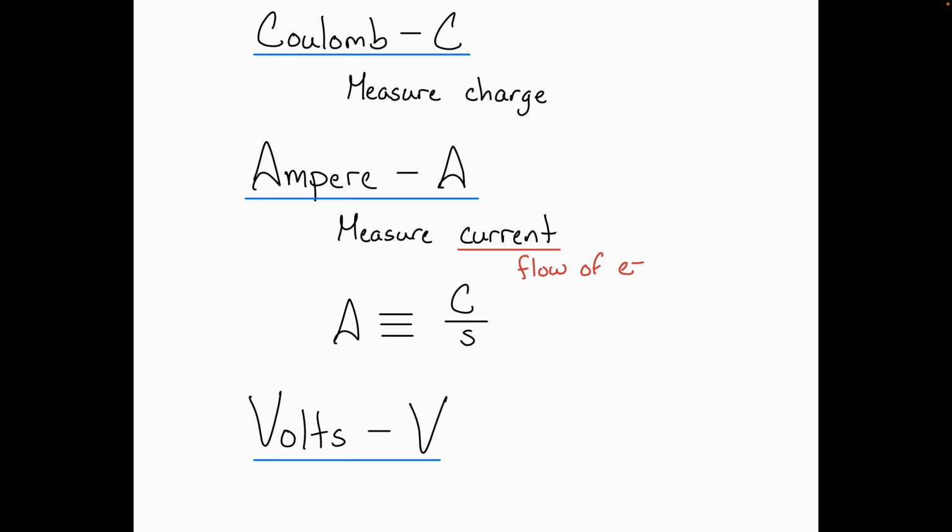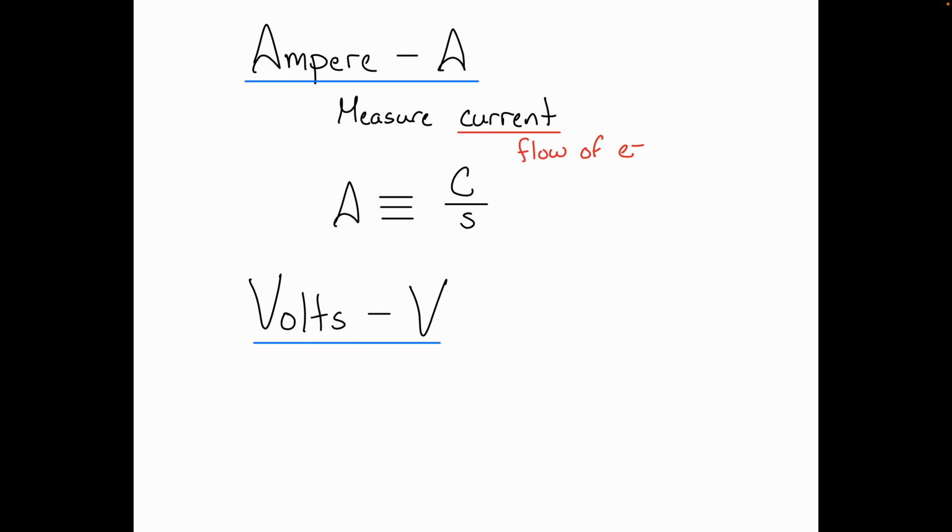A volt is the unit that we use to measure potential. And remember what we said about potential, the easy way to think about it: this is the strength of pull on electrons, from anode to cathode, exactly.